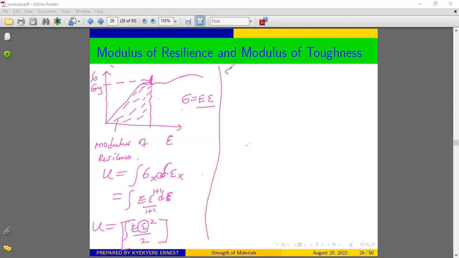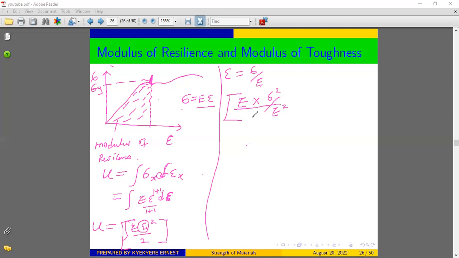But we know that the strain is equal to the stress over the modulus of elasticity. So it means that this is the strain squared. So when we want to replace it with the stress over the modulus of elasticity, then everything which is there is going to be the modulus of elasticity times the stress squared over E squared.